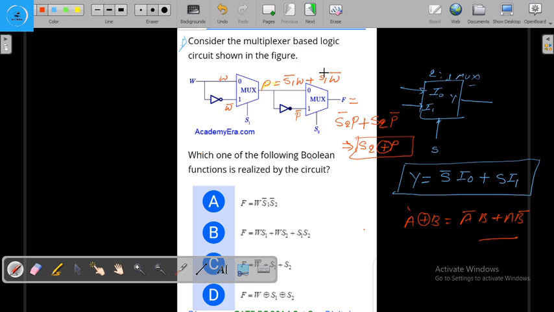And here, this is the same as A bar B plus A B bar, so W S1 bar plus W bar S1.